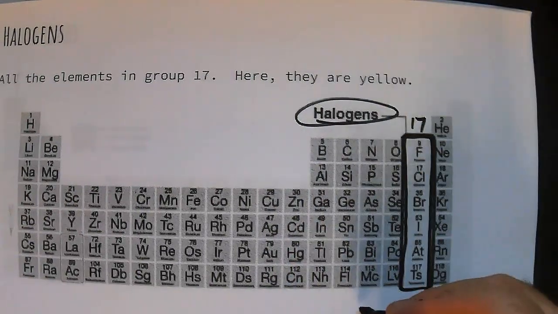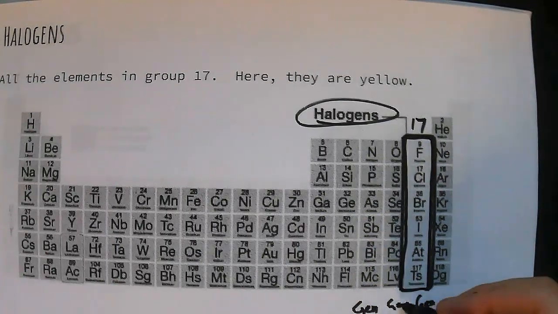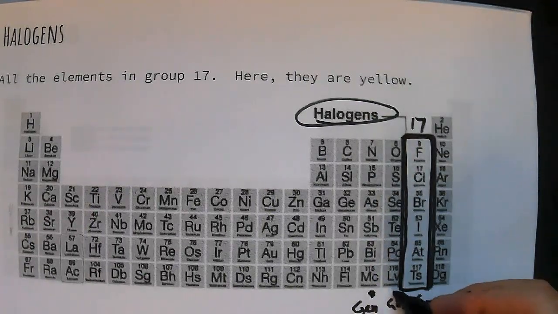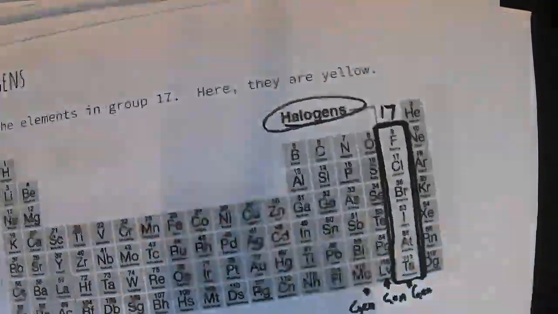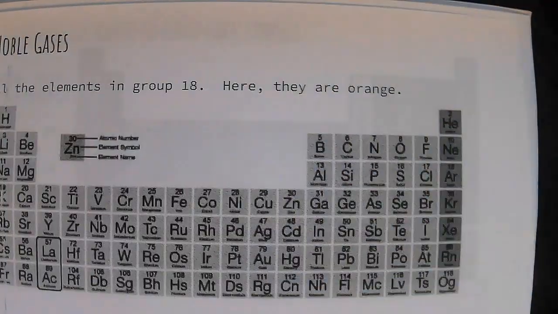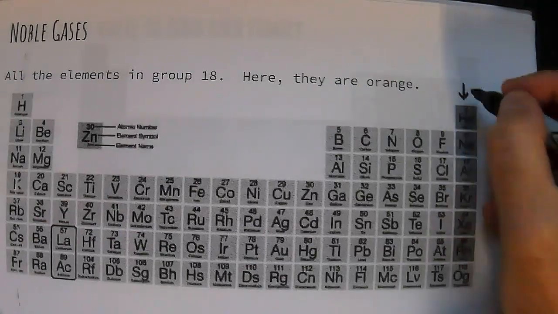So we have pnictogens, chalcogens, halogens. Okay, and then make sure I get them all. The last family is this one.